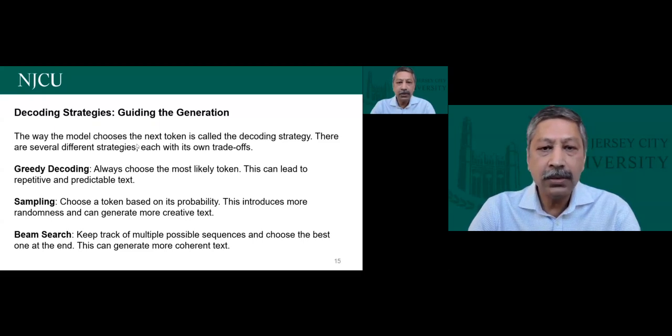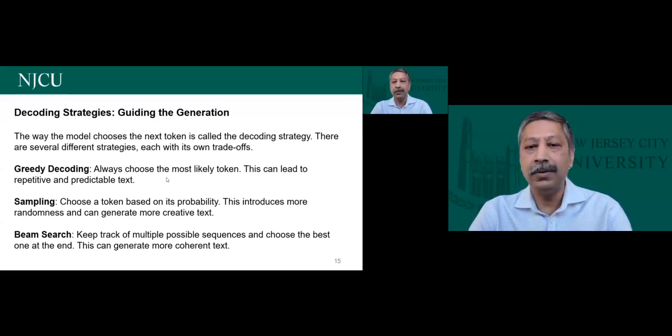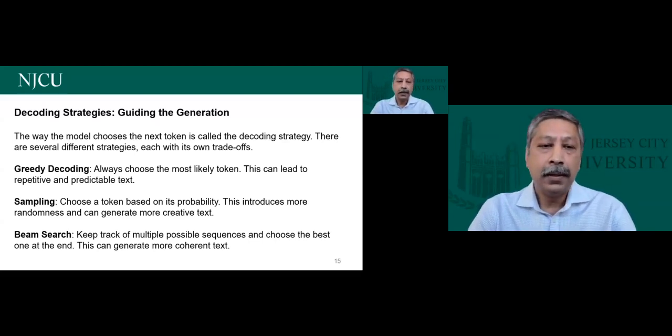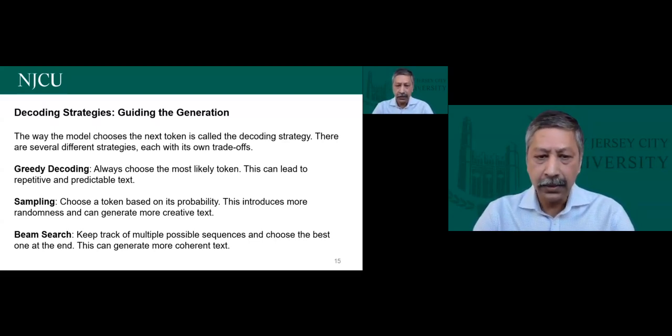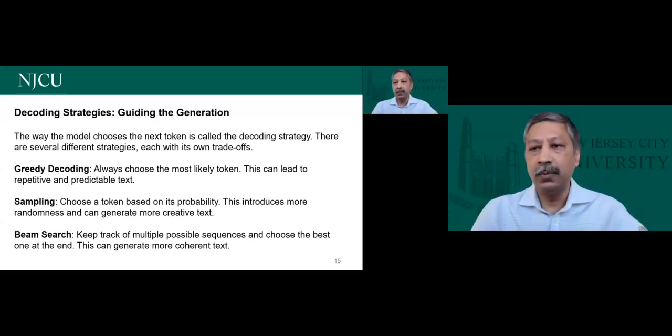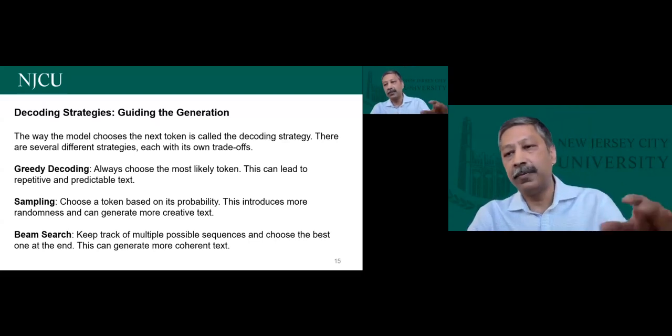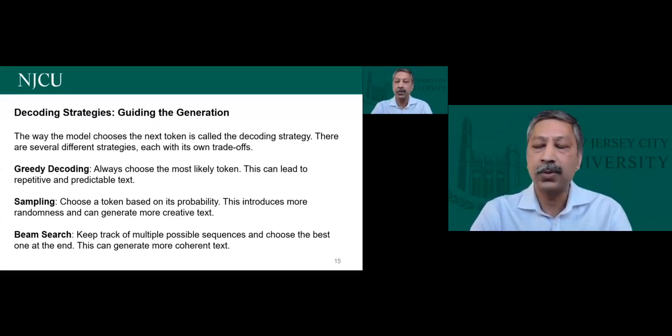The way the model chooses the next token is called the decoding strategy. Some decoding strategies include greedy decoding, which essentially boils down to always taking the token or the next word that has the highest probability. Another approach is sampling, where a token is chosen by sampling from a set of words. Another approach is called beam search, where you keep track of multiple sequences and then choose the best one at the end.